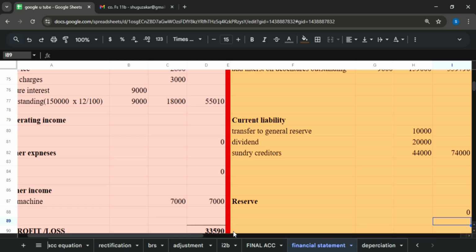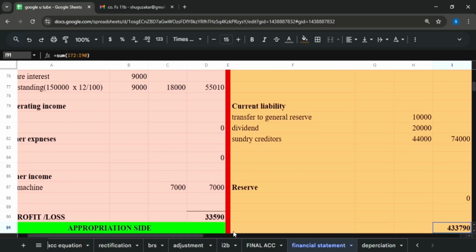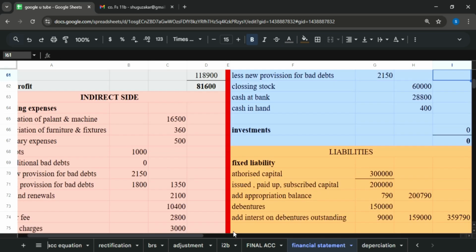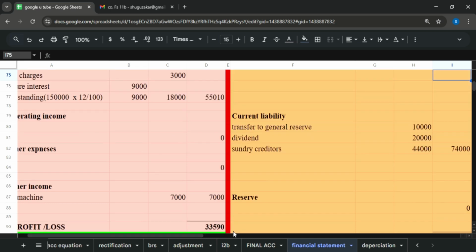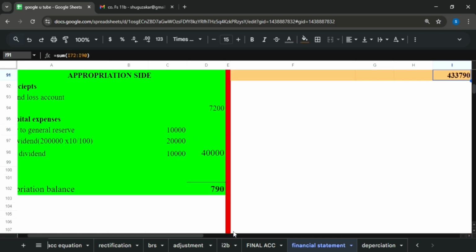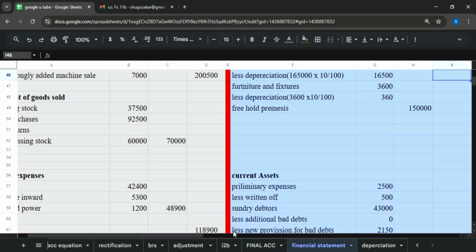So guys, the sum of these three, if we take, that would be considered as total of liability and total of balance sheet as well. What we have done, look at here: fixed liability, then current liability total, then reserve total, and we have got the amount 433,790. 433,790, and let's check it out from the book, answer of balance sheet.